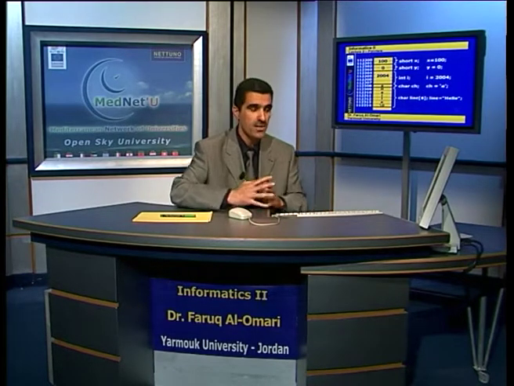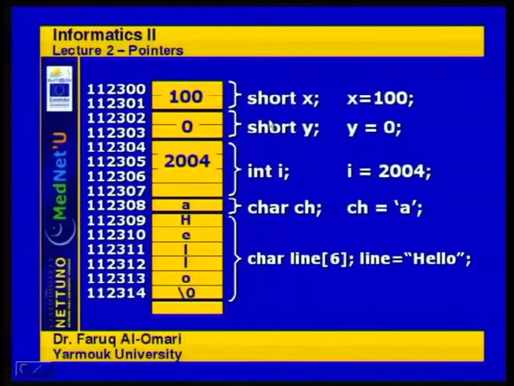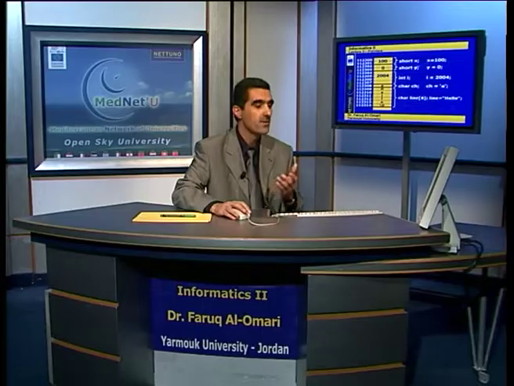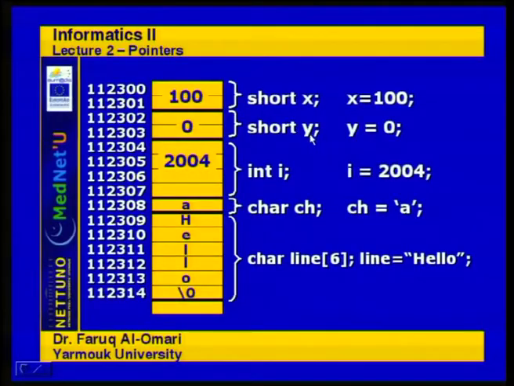But for us in here, x is a variable and it occupies 2 consecutive locations in the memory. And in that location, we have already put or assigned a value of 100. For example, short y = 0, that means these 2 bytes have been reserved. So these 2 addresses have been reserved for variable y, and I've already assigned a value of 0.